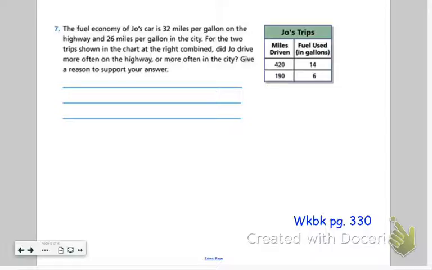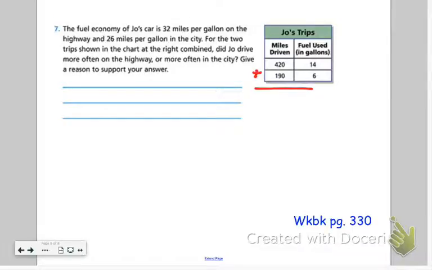So this one's a little different. Here we are using the unit rate of 32 miles per gallon on the highway and 26 miles per gallon in the city, to figure out, did Joe drive more on the highway? Did Joe drive more in the city? I'm not sure. So let's see, it looks like my totals here.